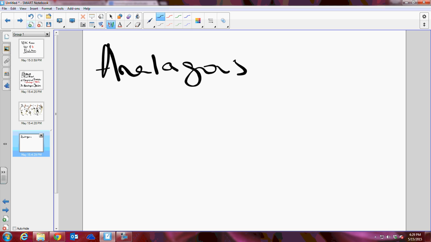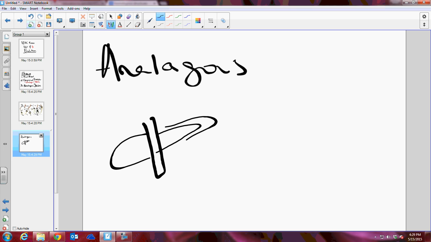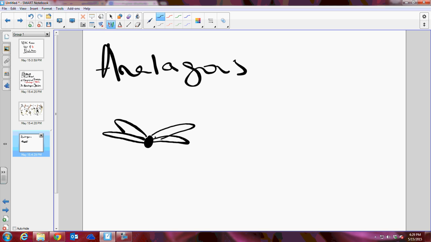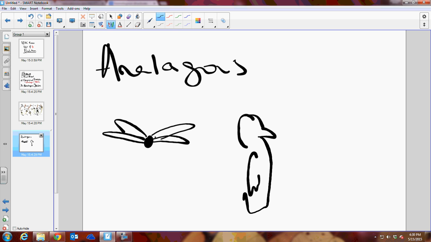an analogous structure. This is supposed to be a dragonfly, a really bad dragonfly. Maybe a little bit better dragonfly. And that's a dragonfly, and this is my standard bird that stands here. There's a bird that has a wing, and then, of course, our friends, the bat.